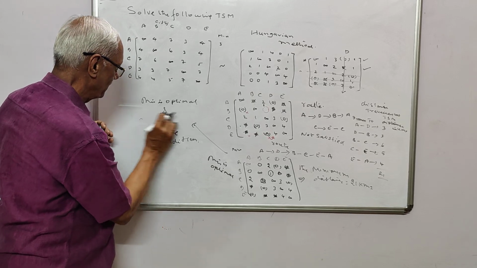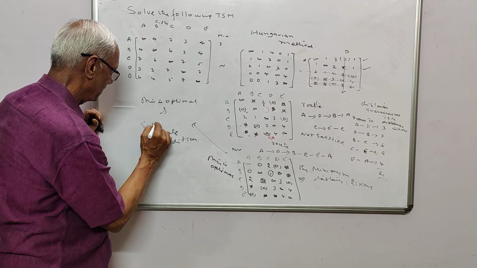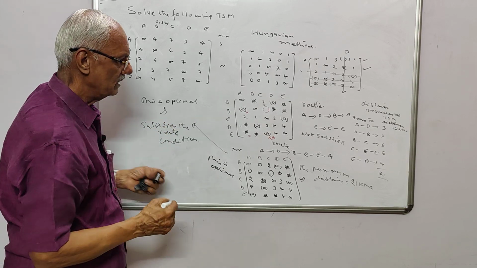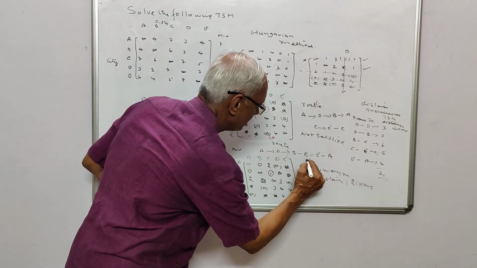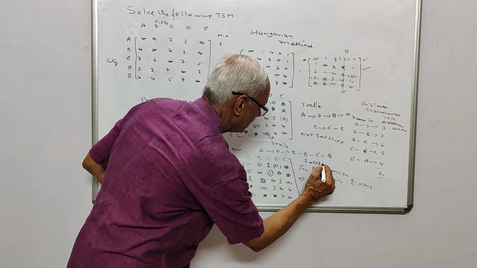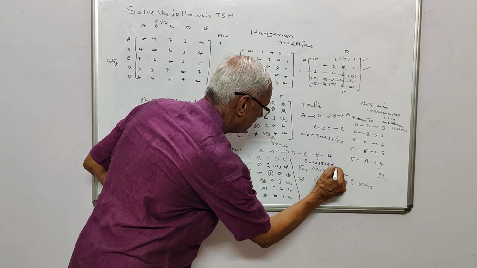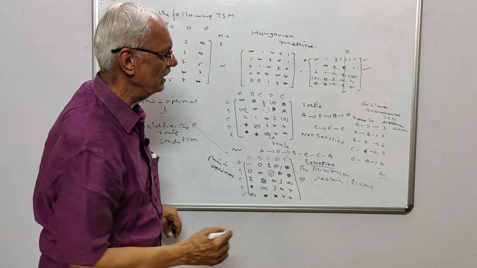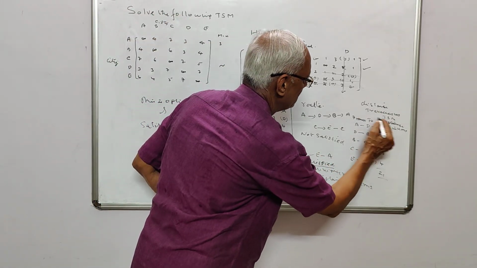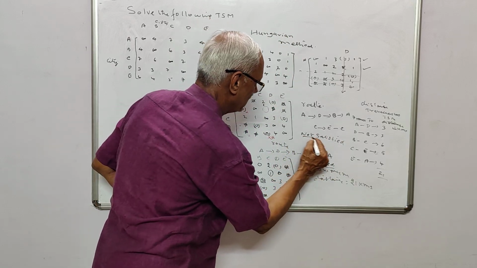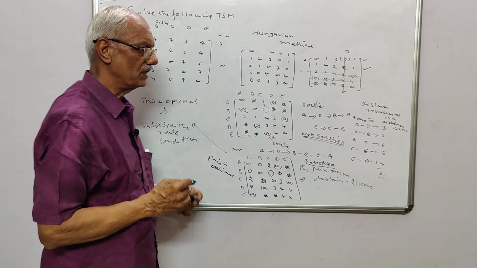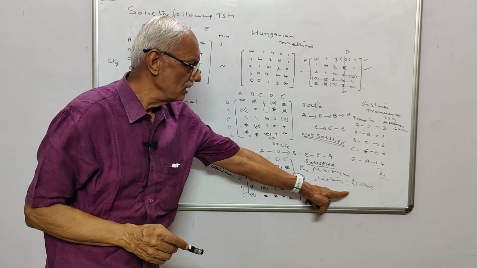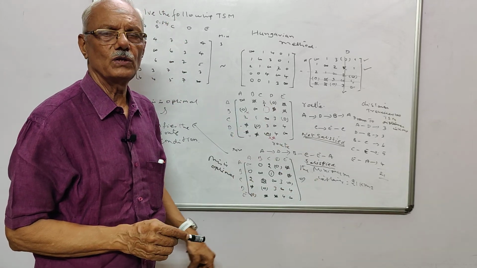So you see that this satisfies the root condition. Here the root condition is not satisfied, here the root condition is satisfied, and the distance traveled is what? The minimum is 21, and this is how the problem is done.